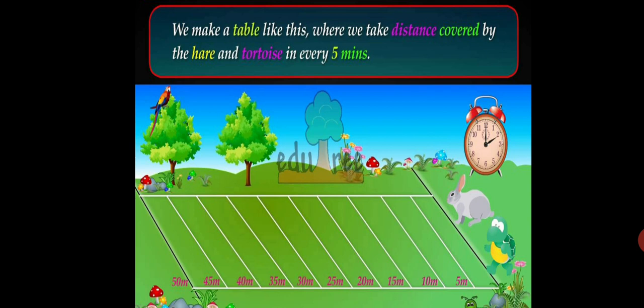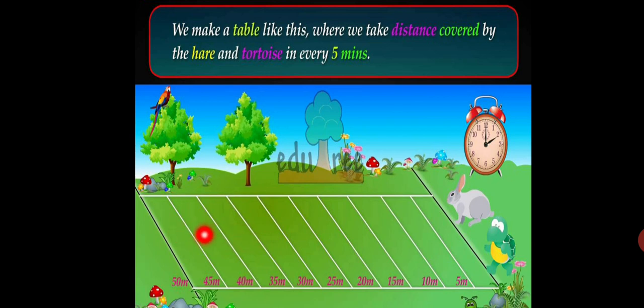Let's move further. Now you can see this picture. We make a table like this, where we take the distance covered by the hare and the tortoise in every 5 minutes. Can you see this? Now there is the hare and here we have the tortoise around a clock, right? Some people are watching here also. Can you see that? So I have divided this distance here in 5, 10, 15, 20, 25, 30 meter, 35 meter, 40 meter, 45 meter and 50 meter.